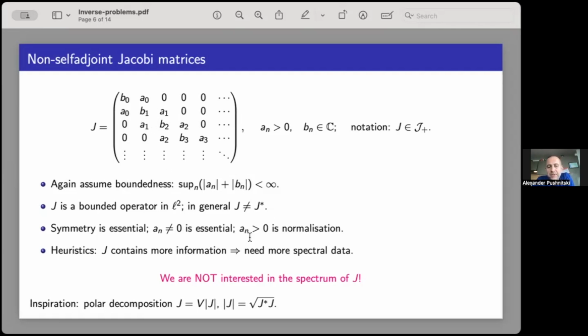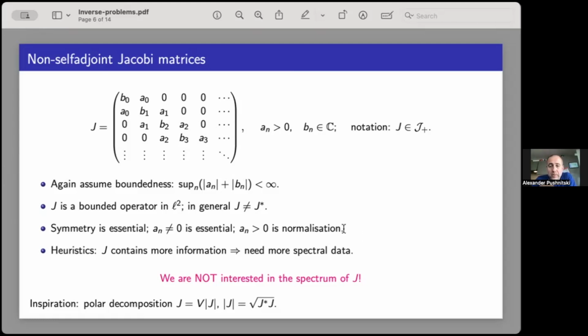But positivity of A_n, again, is a normalization. Now we're working in the realm of complex numbers, so I could say this A_n could be any fixed sequence of complex numbers, where we fix some phases, for example, they're all negative or all positive imaginary, whatever. But it is, of course, convenient to choose the standard normalization that they're positive numbers.